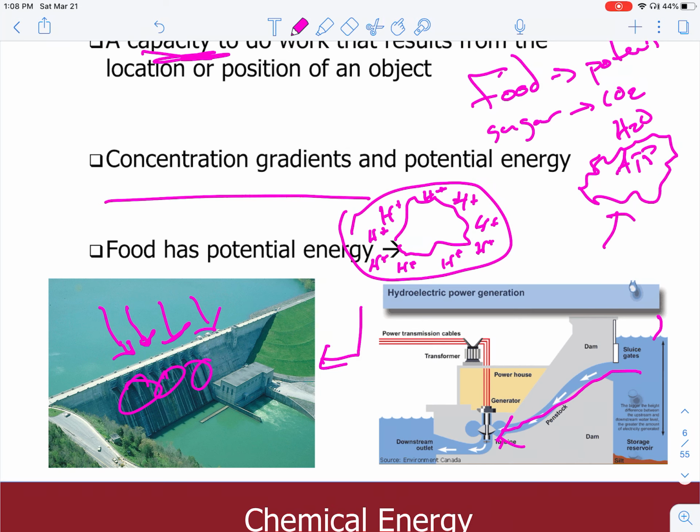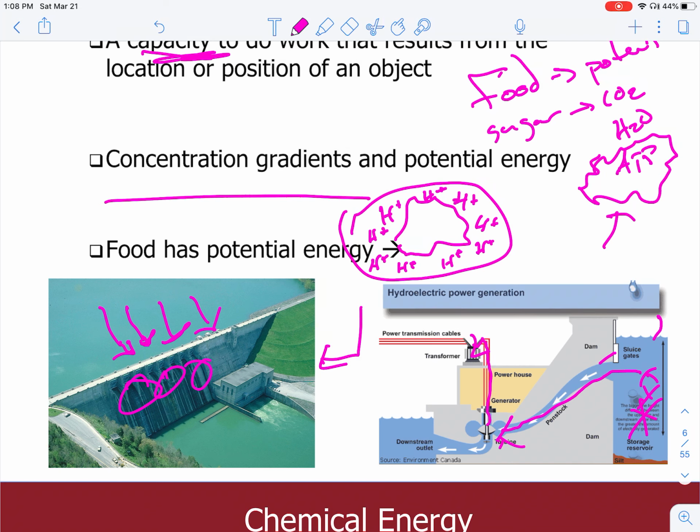That turbine spins and powers electricity that we then use to charge our cell phone batteries or play video games or whatever. And so the water behind this dam is a high source of potential energy.